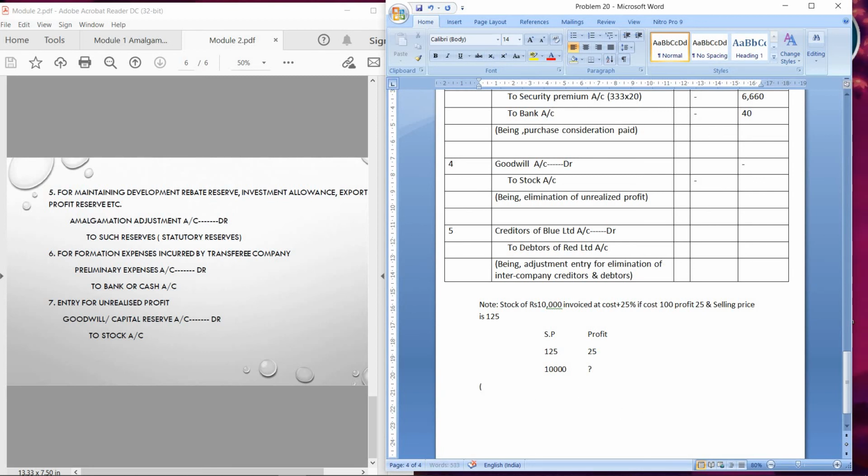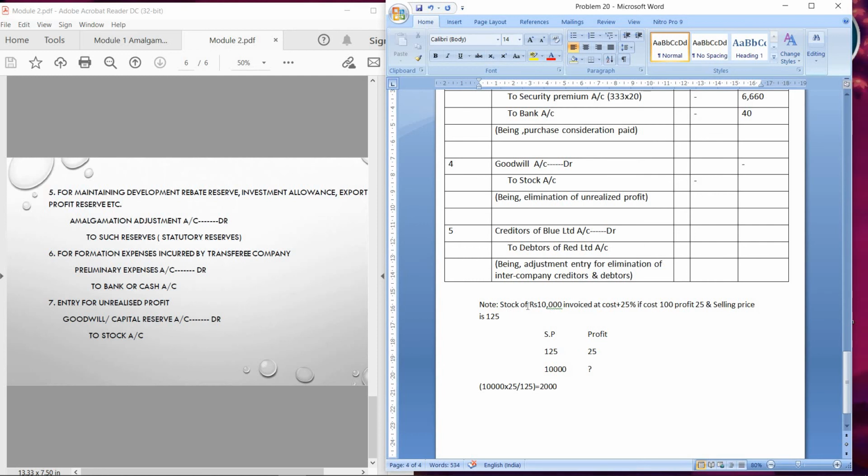So 10,000 into 25 divided by 125. If you do this, you will get what is the amount of profit that is included in the stock. So profit is 2,000 rupees. I hope you have understood.